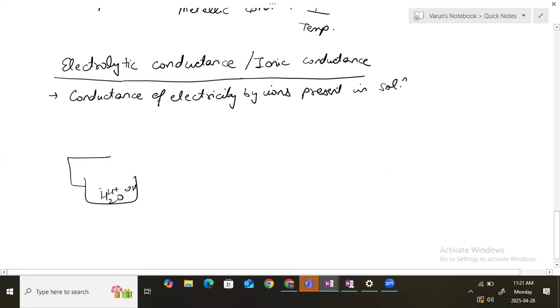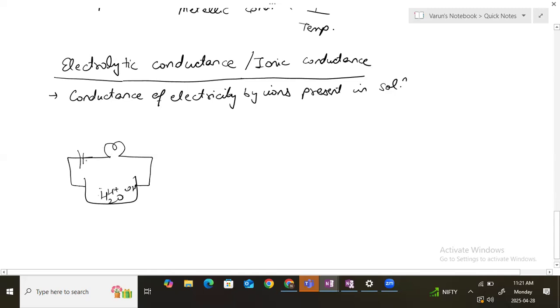Connect it with a circuit having a bulb over there and a battery. So what will it do if my circuit is complete? Whatever electricity I'm passing over here will help that bulb to glow.